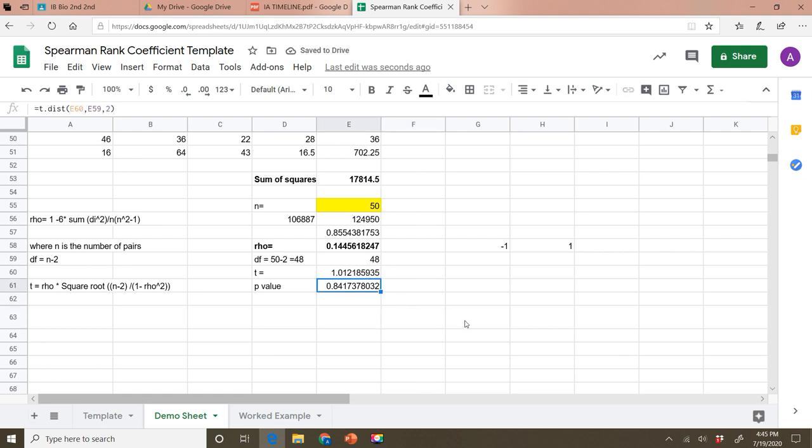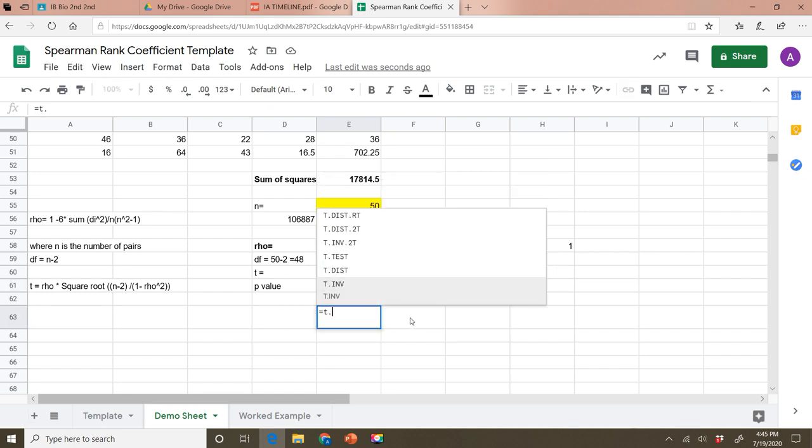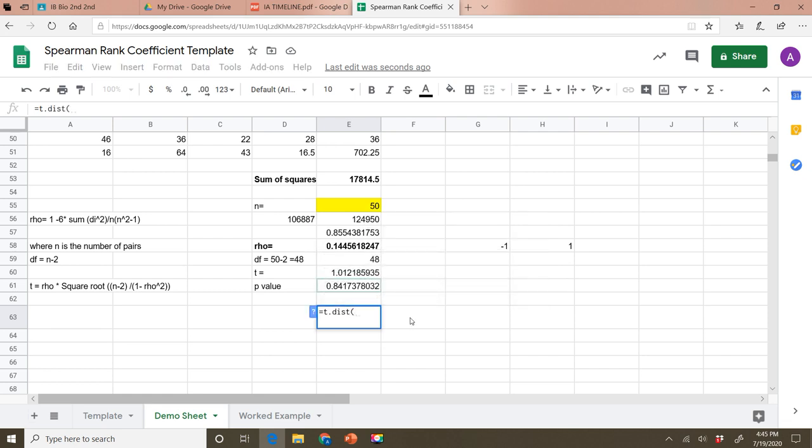So how the t-distribution works, t.dist, is you're going to get your t-statistic, whatever that was calculated, and then the next value is your degrees of freedom, which is however many trials minus 2. And we are doing a two-tailed distribution test because we want to catch whether or not there was an increase up or down. We're not choosing a direction here. So that's what the t-distribution two-tail is going to give you.